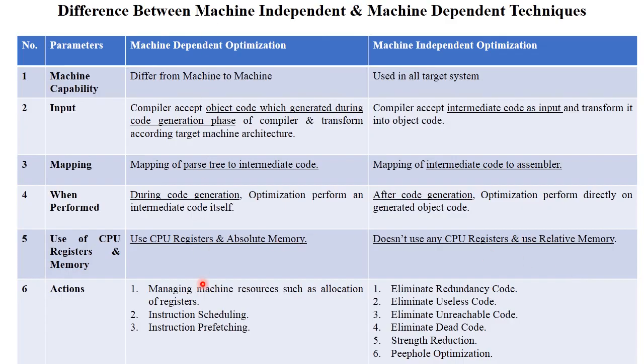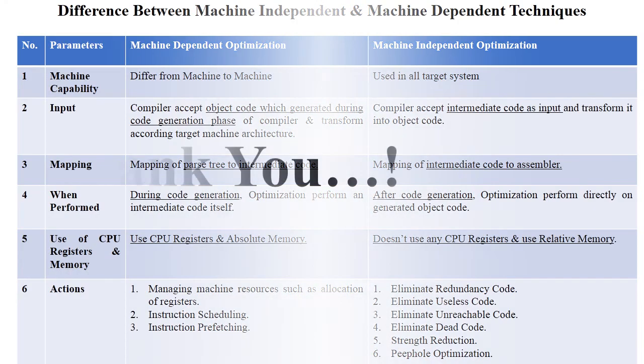In machine dependent optimization, actions like managing machine resources, instruction scheduling, and instruction prefetching are performed. But machine independent optimization eliminates redundant code, useless code, and unreachable and dead code, and performs strength reduction and peephole optimization. Clear? So this is the main difference between machine dependent and machine independent optimization techniques.